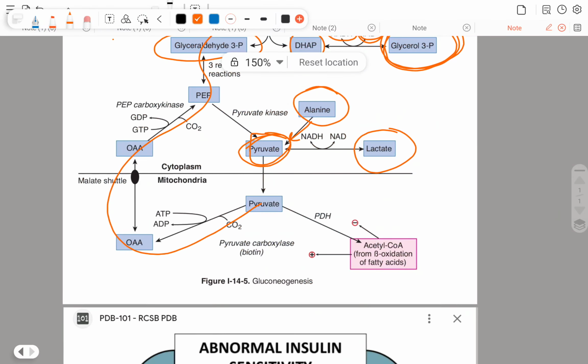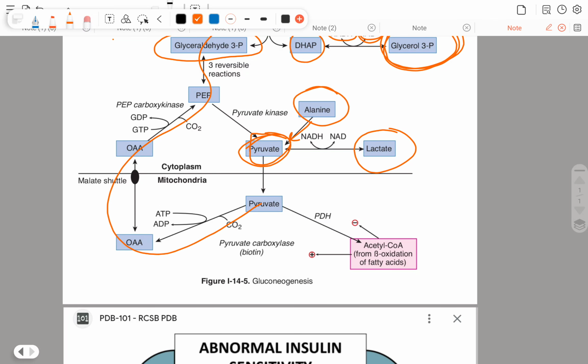That is a part of the muscle that plays an important role in maintaining glucose level in the bloodstream. Because the muscle is half of our body, and when we are so hungry, the muscle gives its alanine for maintaining normal amounts of glucose in the blood.